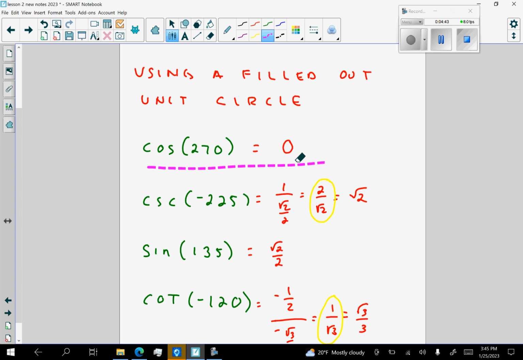If I want to find the cosecant of negative 225 degrees, I go to the terminating point of negative 225 degrees. I find negative 225 degrees on my unit circle. I have found it. And that's going to be 1 over the y value.